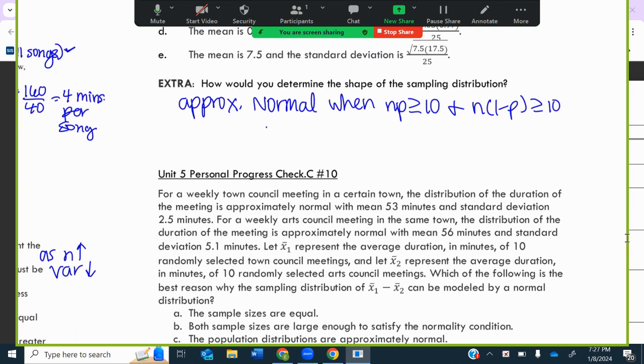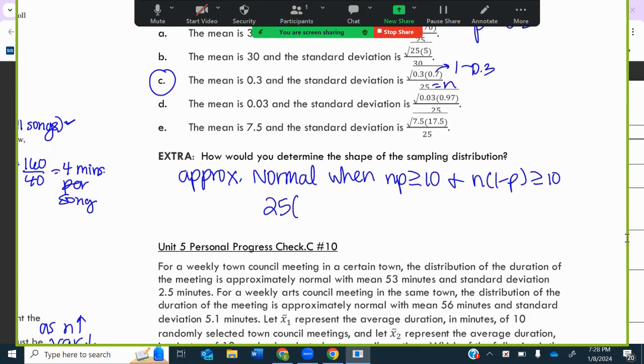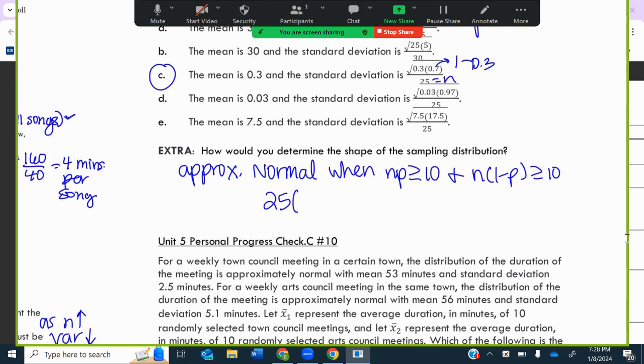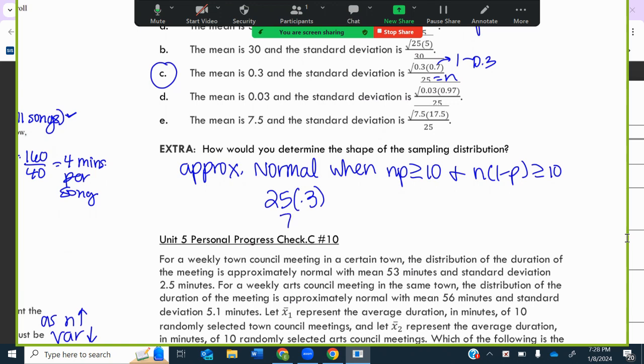We know n, 25, p, 0.3, and that would be 7.5, and then that is not at least 10. So we would just say something like not approximately normal.